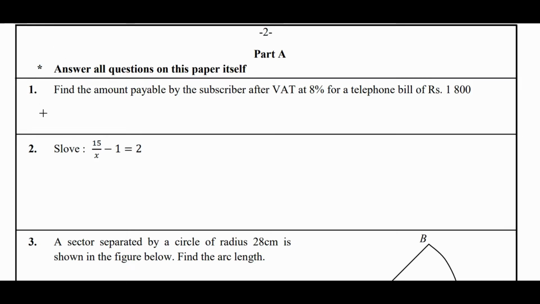First of all, we can find the VAT amount. VAT amount equals 1800 into the VAT percentage, which is 8%, that means 8 out of 100. Then we can cancel those two zeros, so the VAT is 18 into 8. This gives 144 rupees.